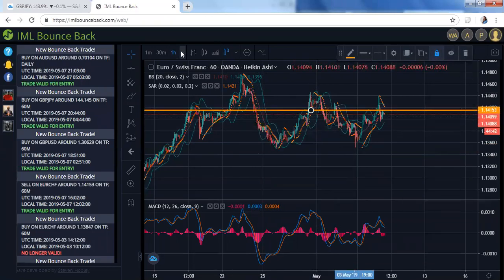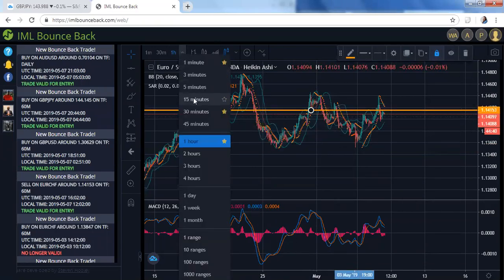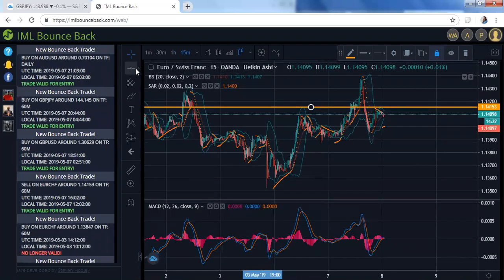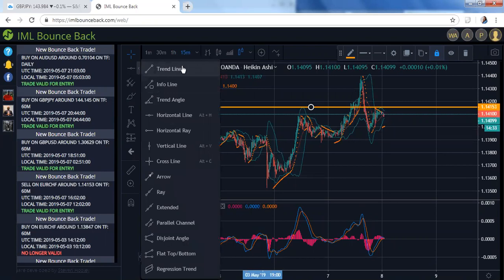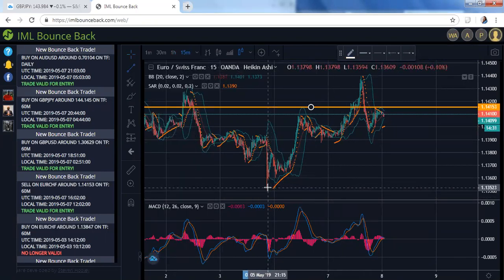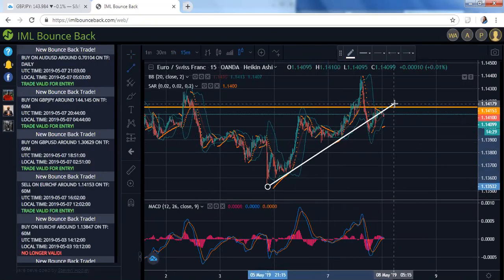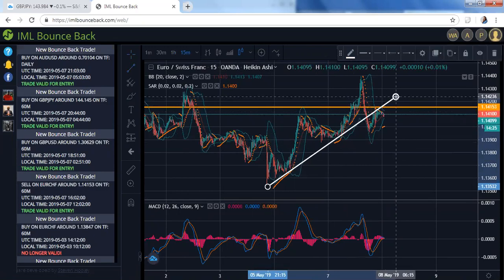Right, got called on the 1 hour time frame, so we're going to drop down to the 15-minute and draw a trend line. I think it got called around here. There we go, that's where it got called.